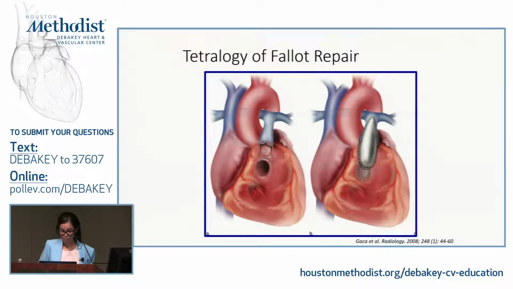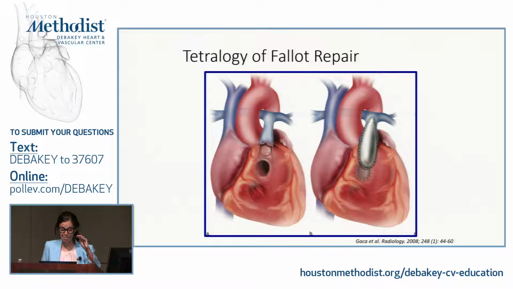So tetralogy of Fallot, as you all know, is caused by the anterior malalignment of the conal septum. The conal septum is the part of the septum that is, simplistically, between the outflows. So when it malaligns anteriorly, it causes obstruction of the RVOT, and that's the major problem in tetralogy of Fallot.